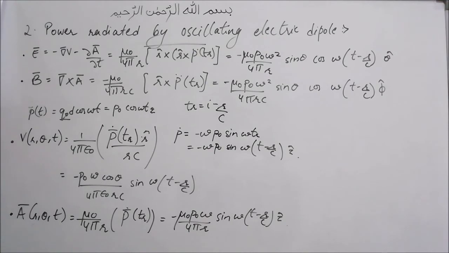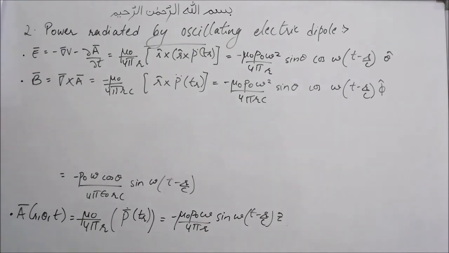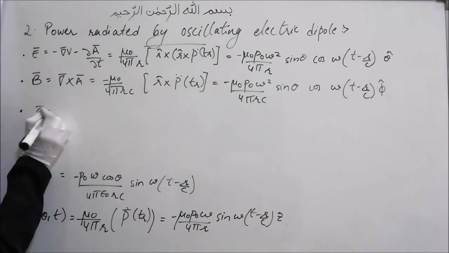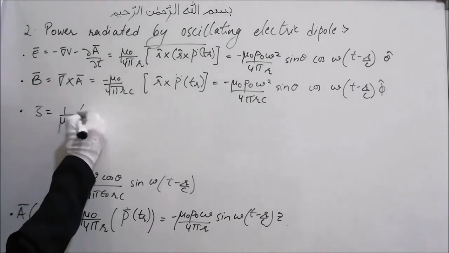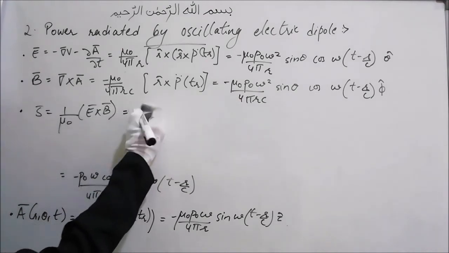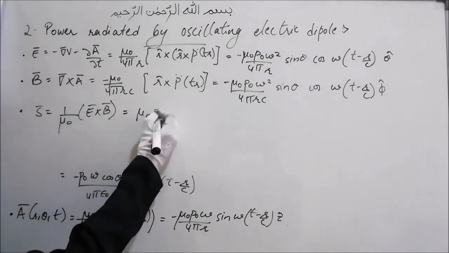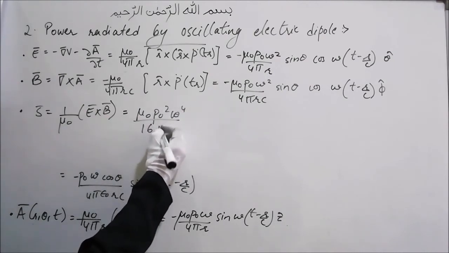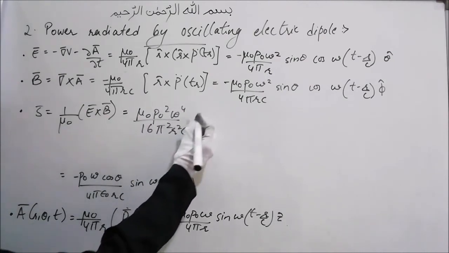Now we can find the Poynting vector. The Poynting vector is 1 by mu naught E bar cross B bar. This will be equal to mu naught p naught squared omega raised to 4 upon 16 pi squared r squared c.